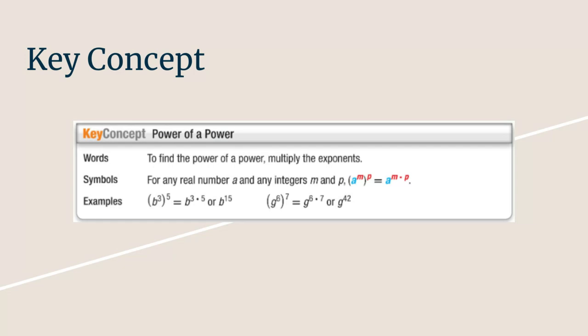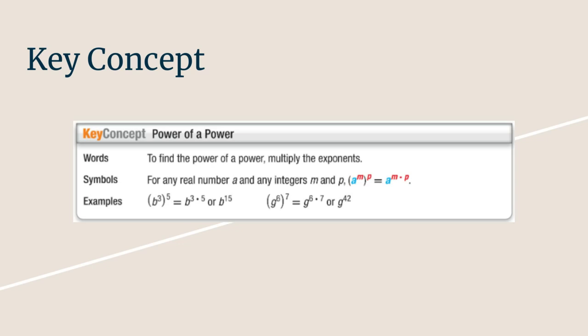So our new concept: before, we were multiplying exponents with bases and adding the exponents. Now we're going to have just one base to a power. So, for example, you could have x squared, that is x to the power of 2.